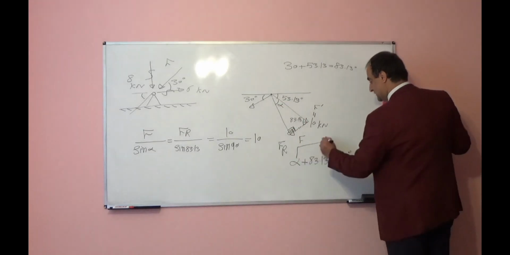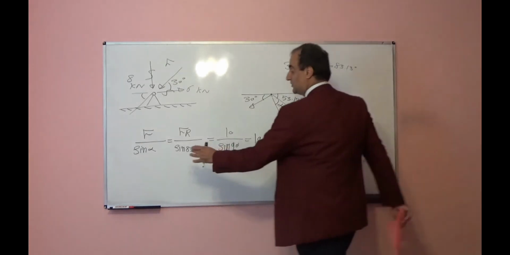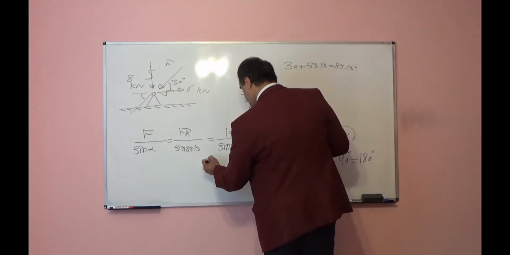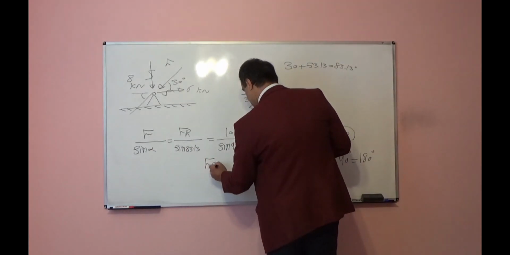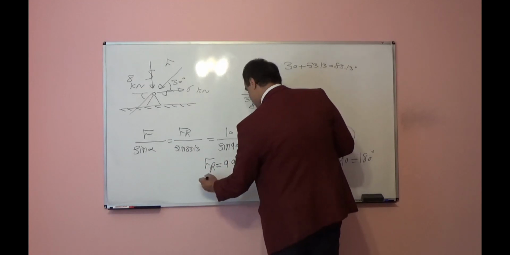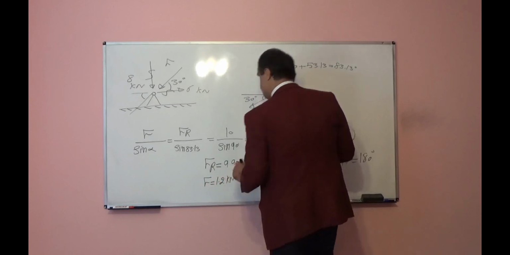From here you can find alpha. If you find alpha, you plug it here, you can find F and Fr. I'm writing the final result: Fr will be 9.93 kilonewton and F will be 1.2 kilonewton.